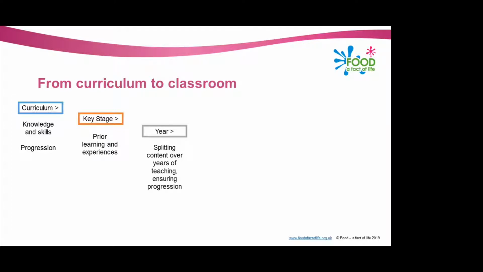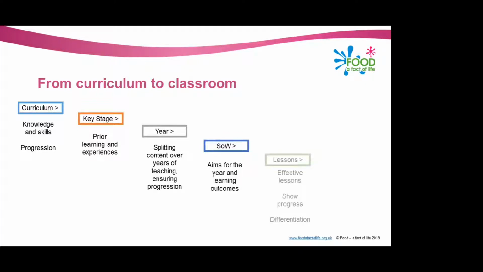We then go into individual years, where we split content of teaching to look at that progression. We then have those schemes of work, which set out those aims for the year and those different learning outcomes. We then focus on those individual lessons and what makes those effective, where we show progress and look at differentiation.